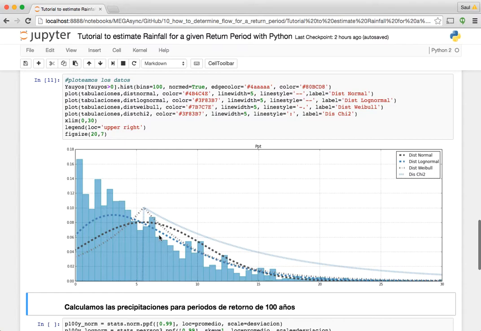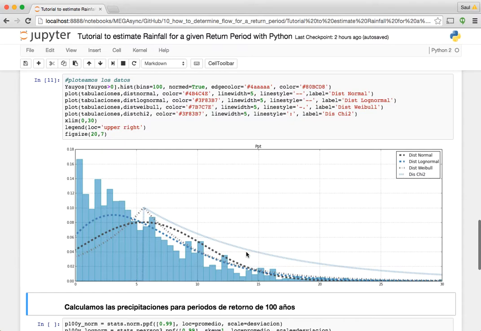But if you compare to the Weibull distribution and to the chi-square distribution, surely it has the best fit of all of them. Okay, and what we deal with is a concentration.